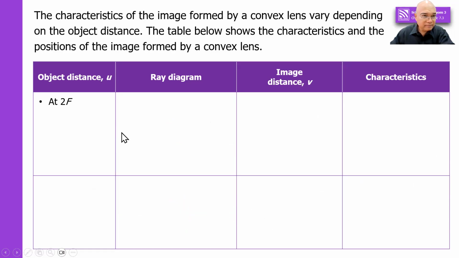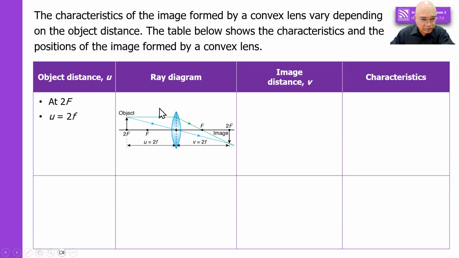All right. So what about if at 2F, we have the object distance, it's called the 2F. So the diagram here is like this. All right, 2F, F, we have another one on the opposite side. Okay, the image is right here. So U is 2F, V equals 2F. So at 2F, and on the opposite side of the lens, this is 2F.